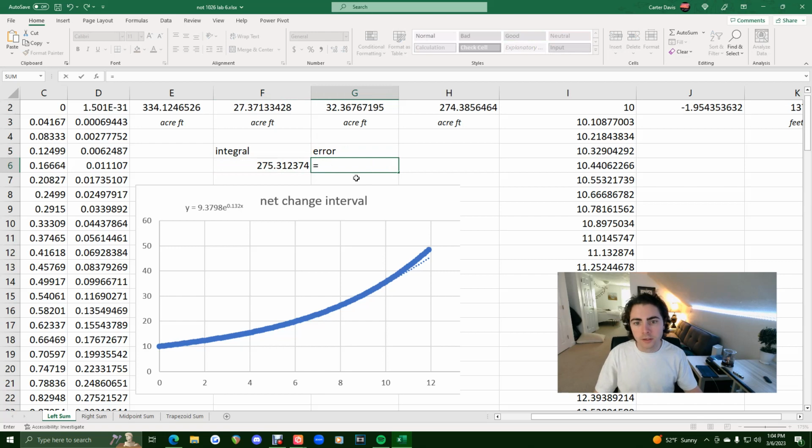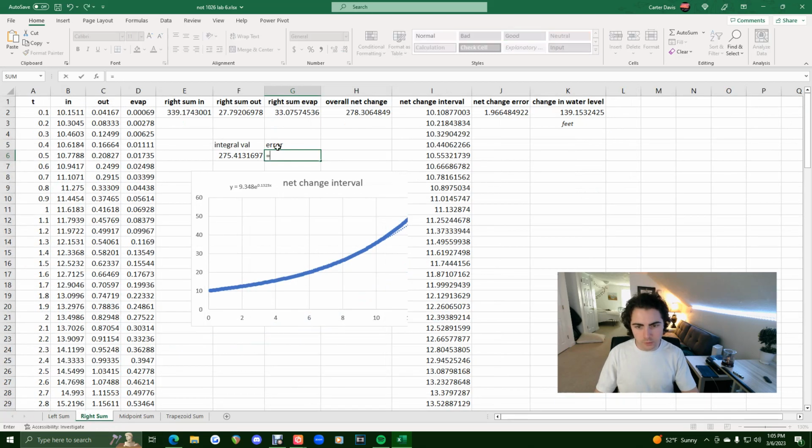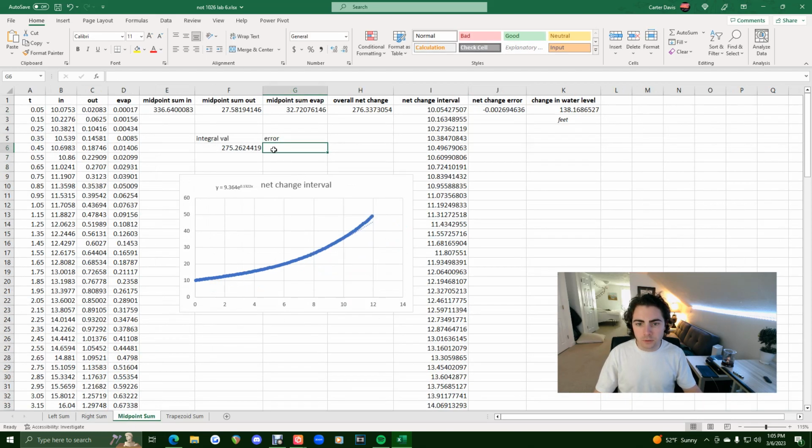The error comes from doing this minus the exact value that they told us, which was 276.34. So this minus 276.34, and the last one equals this minus 276.34.